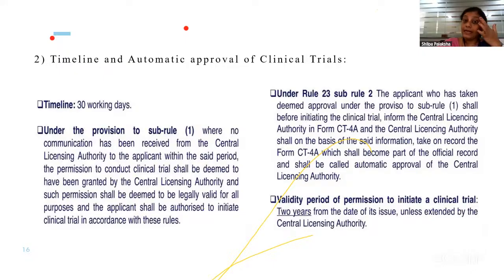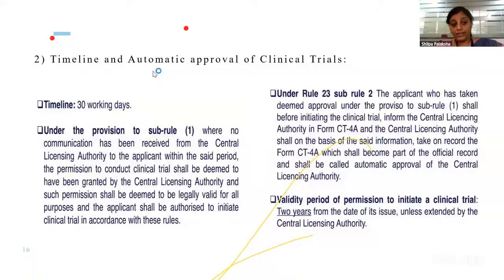Similarly, in rule number 23, there is a sub rule where it says that the applicant who has taken deemed approval, that means he has taken the approval under sub rule 1, and the provision of sub rule 1 is applied to that particular permission, shall, before initiating the clinical trial, inform the central licensing authority in the form CT 4A.